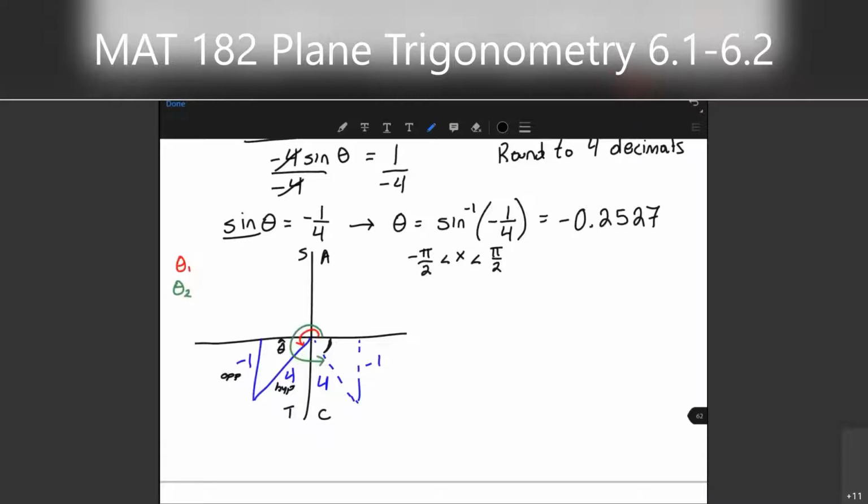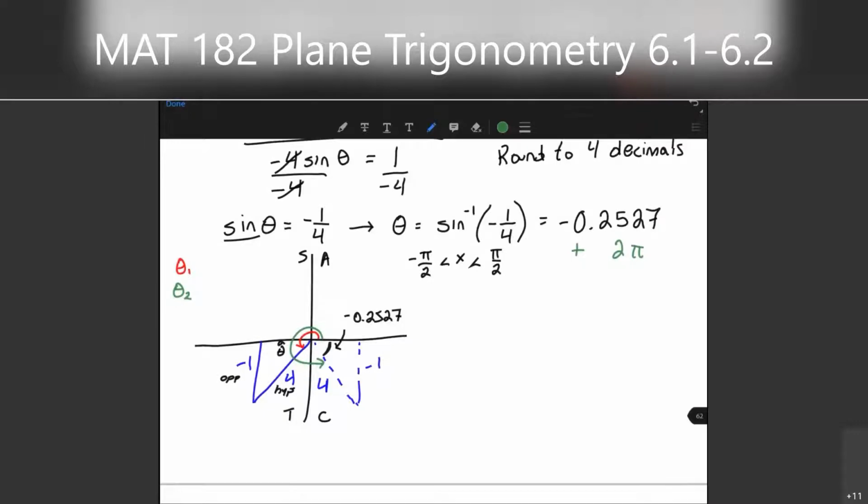So if I consider, again, this angle is really angle 2, but it's the negative version. So this is negative 0.2527, going in the negative direction. One way I can represent this solution as a positive, as the actual green angle that's wrapping around, is I can add 2 pi to this solution, and that will give me the green angle that's wrapping around into my 4th quadrant.